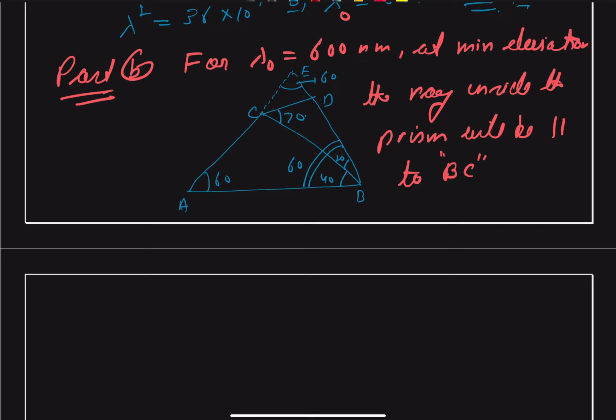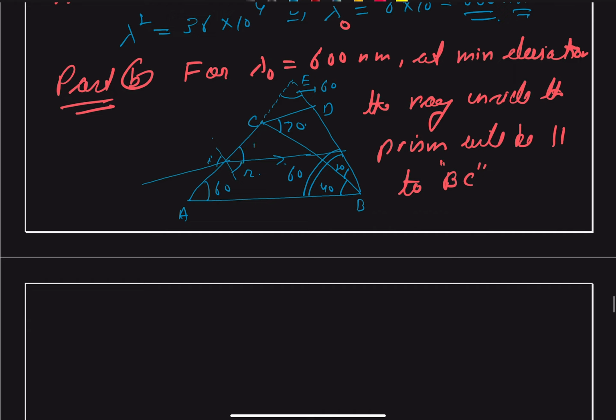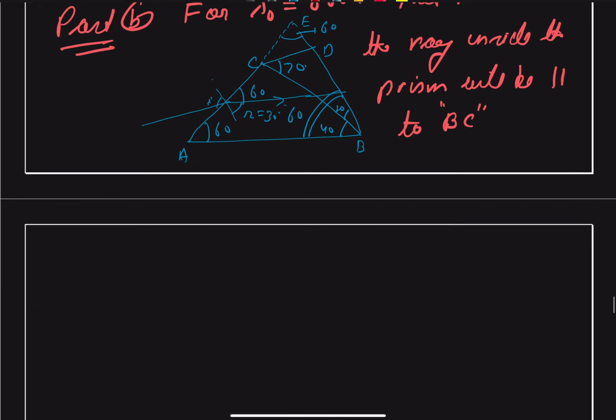So if this is our incident normal, the refracted ray will be going through like this, parallel. So this will be our I and this will be our R. Because of the parallel, this angle will be 60, and this gives us that our R will be 30. So therefore angle R will be equal to 30 degree.